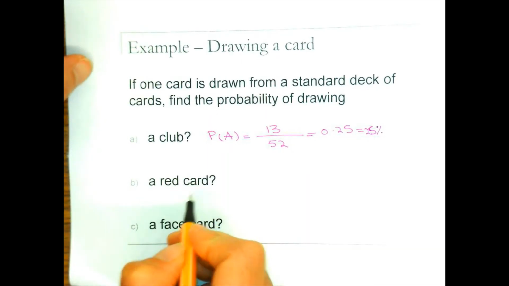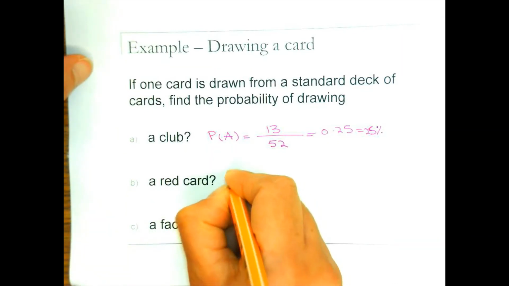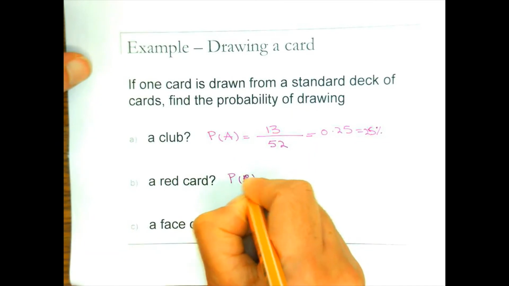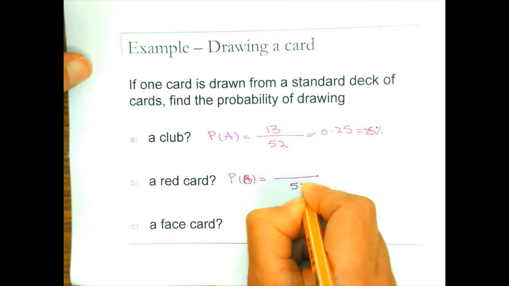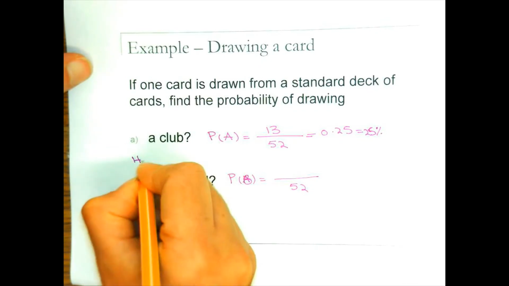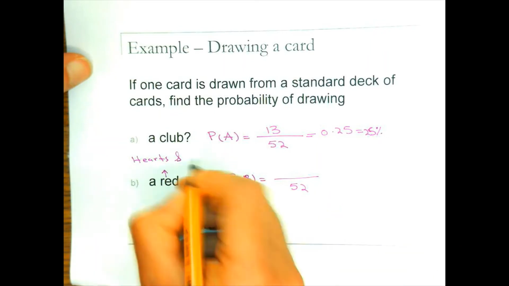Now, what is the probability of drawing a red card? That is event B, we have 52 cards. The red cards are hearts and diamonds.